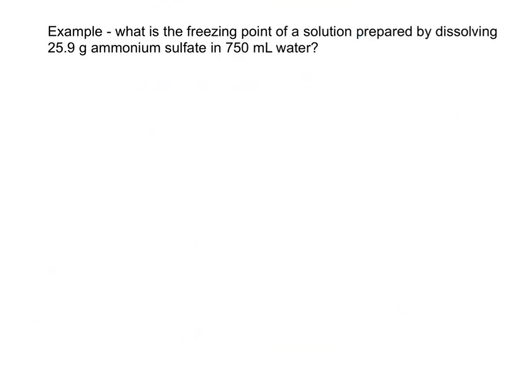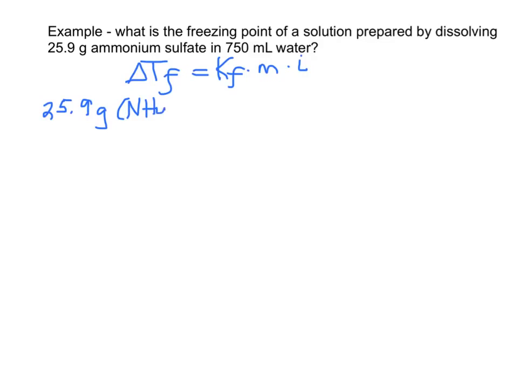What's the freezing point of a solution prepared by dissolving 25.9 grams ammonium sulfate in 750 milliliters of water? So probably the first thing we're going to want to do is figure out what molality is. So the first thing we'll do is change 25.9 grams of ammonium sulfate, make sure you get your formula right, from grams to moles.